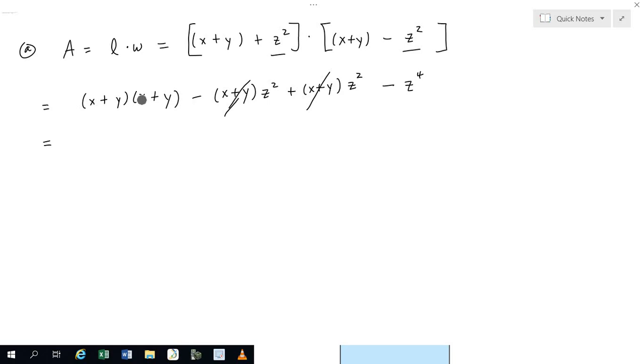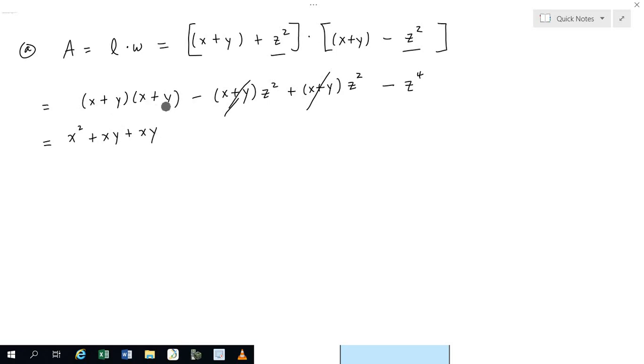Then you can actually FOIL this out unto itself. So first would be x times x, x squared. Outer would be x times y. Inner would be y times x, but I'm going to write that in the order of x times y, since the order doesn't matter.